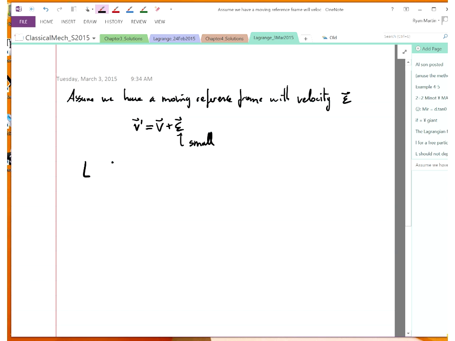Okay. So epsilon will be small. So L, for you guys, is going to be a function of v prime squared, right? It's going to depend on the magnitude of the velocity you measure in your frame of reference that's moving really slowly compared to mine. So that's the same as saying it's L of v prime squared, right?